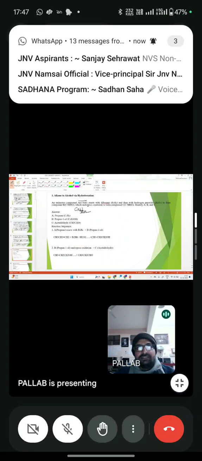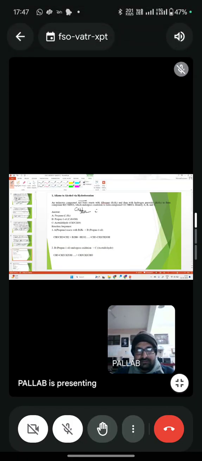The compound has this formula, so the alkene should be CH3CH=CH2, that is propene, C3H6. So this is the formula, and propene is our alkene.